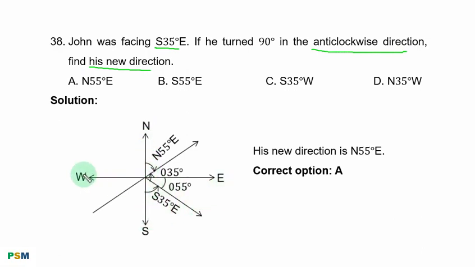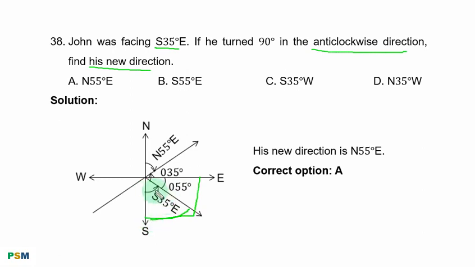So John is facing southeast, from here to this point. If John is going forward, that is clockwise. Now going backward is anti-clockwise.